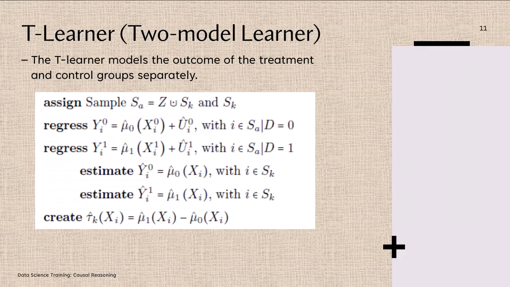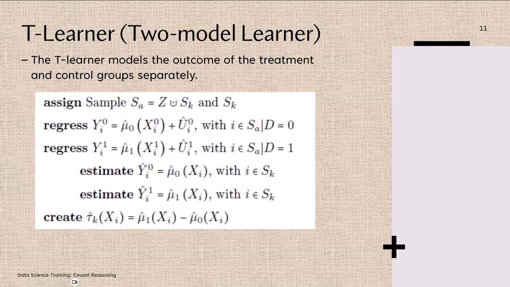The T-learner tries to solve this problem by having a separate model for treated and untreated. In the first step, you select only the untreated and regress the untreated outcomes on the covariates. By regress, I mean fit a supervised machine learning model only to those that are not treated.